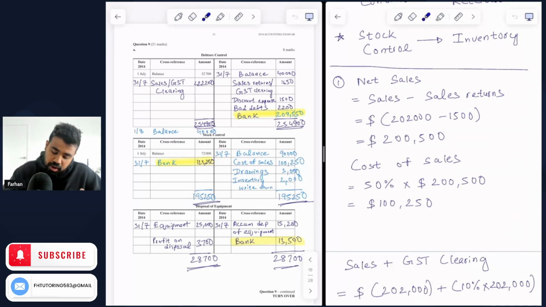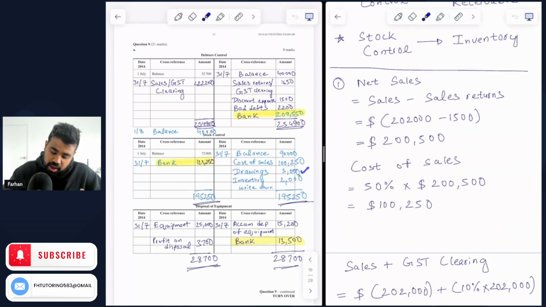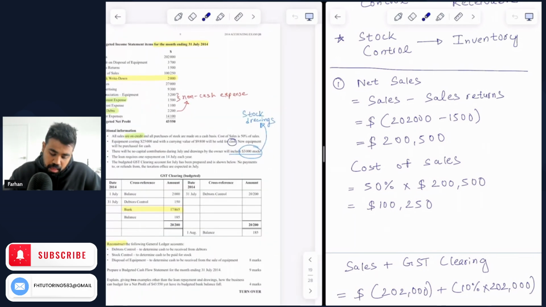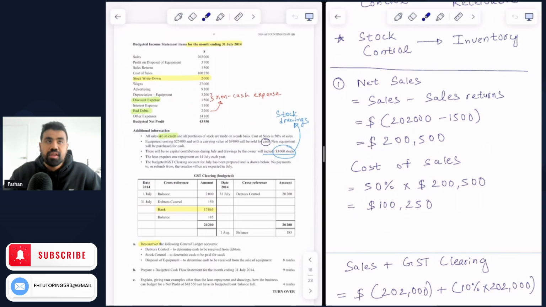Then we have included inventory drawings of $3,000 and inventory write-down of $2,000. The inventory write-down refers to an expense, a non-cash expense. This could be, let's say, because of obsolescence, or let's say that some stock has been left out for so long and now you want to get rid of it.